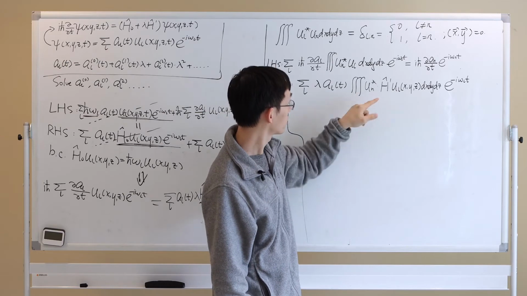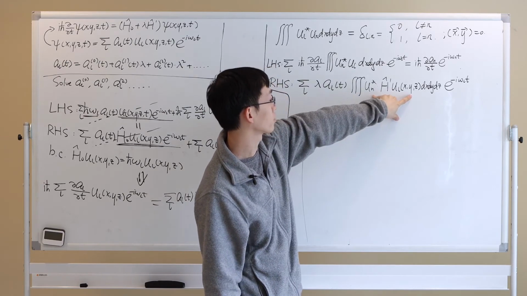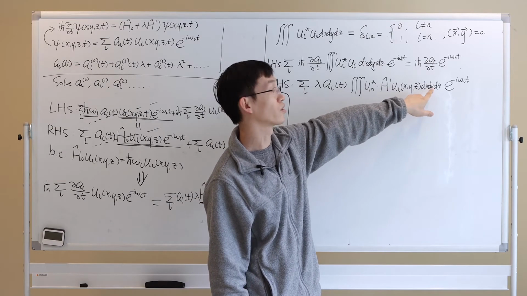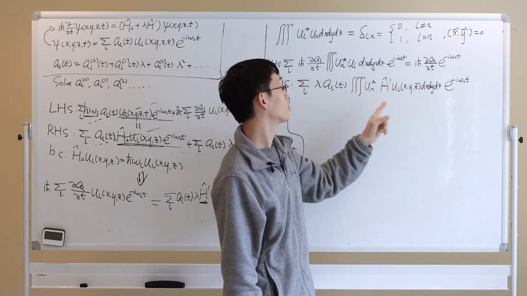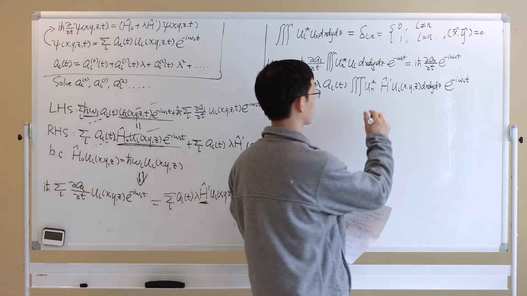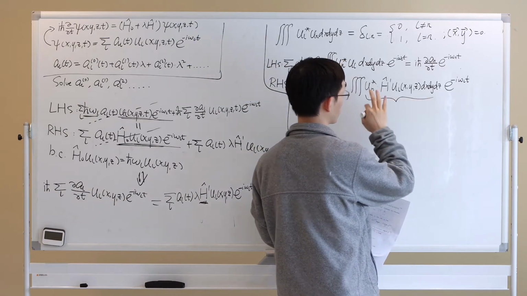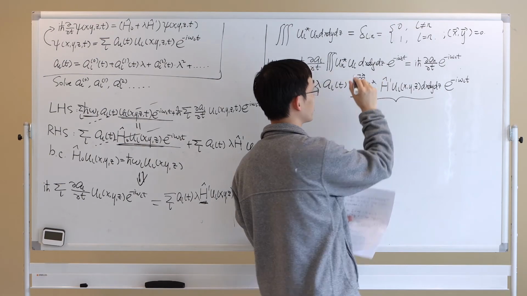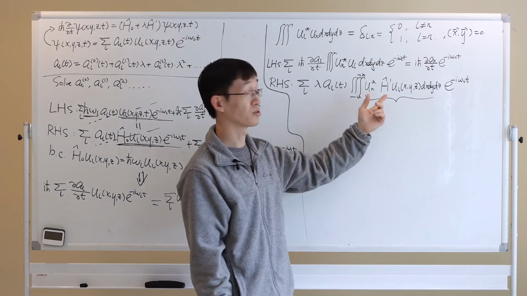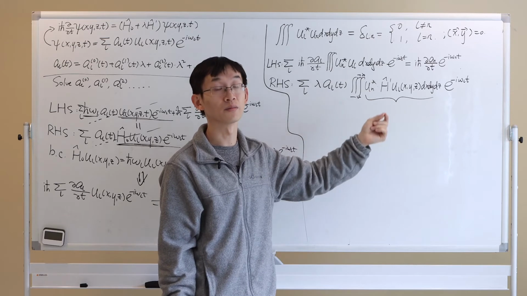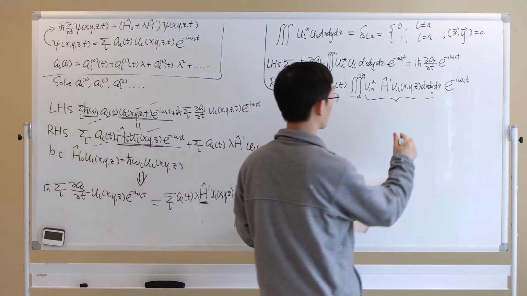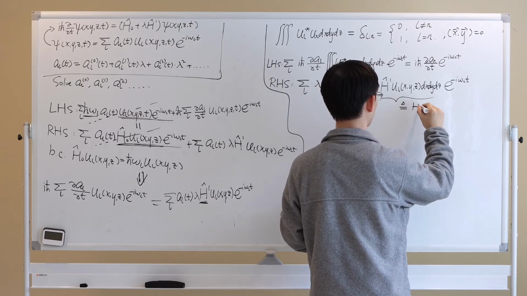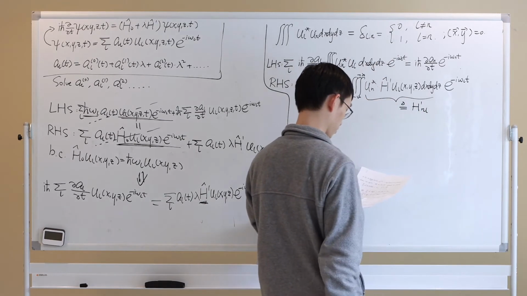So this is in the middle, and this would be a function of xyz, and then you integrate through xyz from minus infinity to plus infinity. The result is that this will become a number. So by definition, we define this as a number, H_nl.